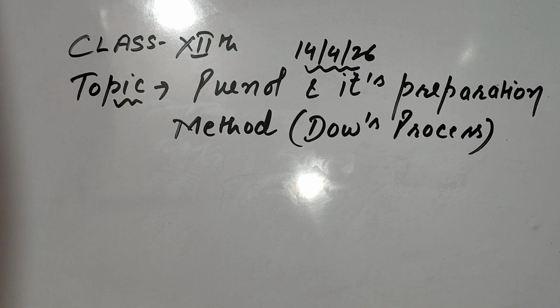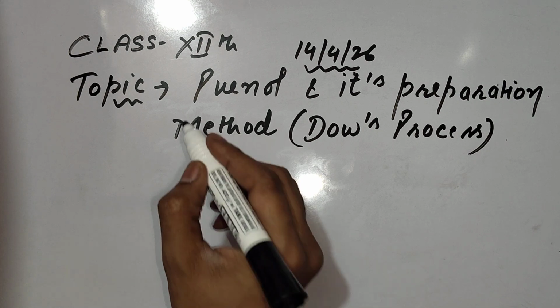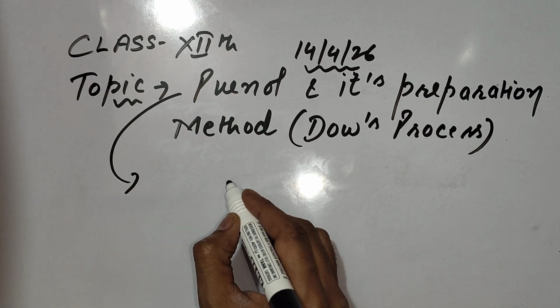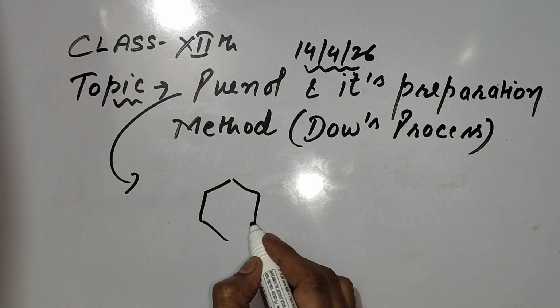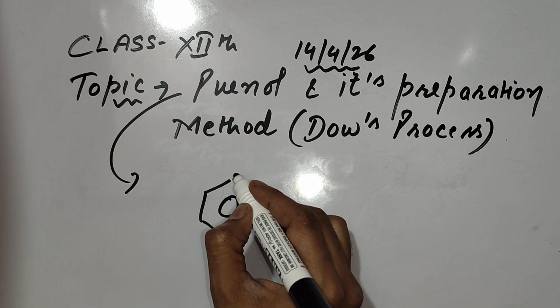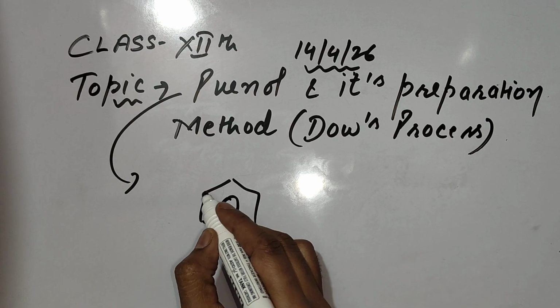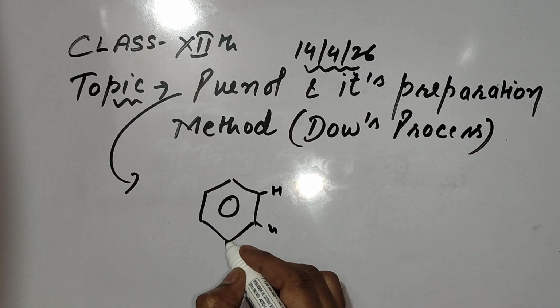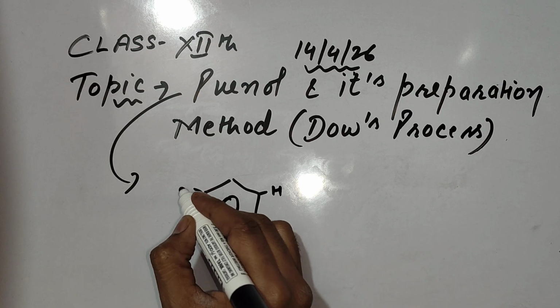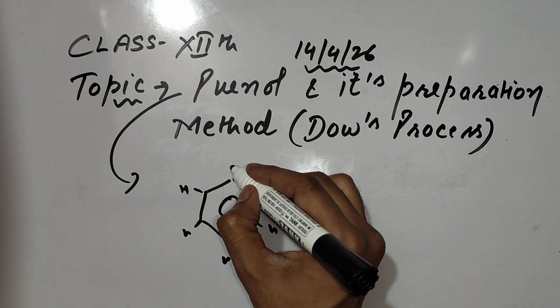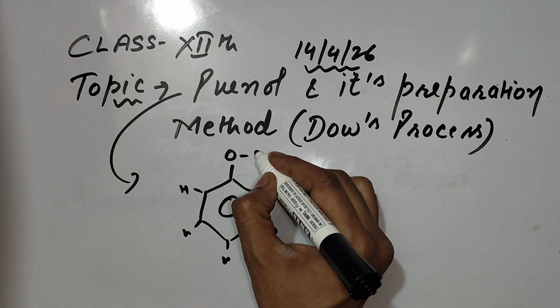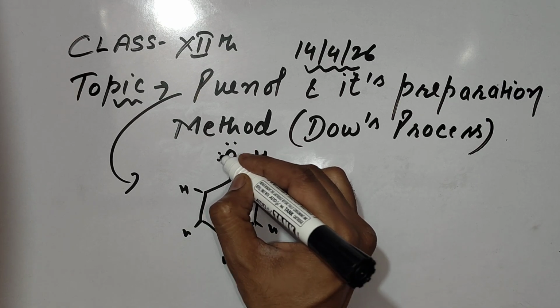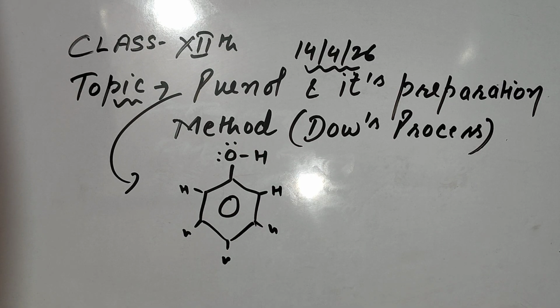Now let's first understand what is the chemical formula of phenol. Benzene ring, as we all know, 6 carbons are there, cyclic compound it is, hydrogens are there, and at the place of one hydrogen, we have an OH group, oxygen is connected with this carbon.